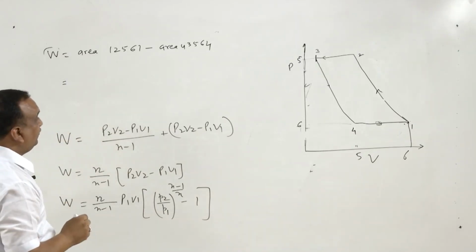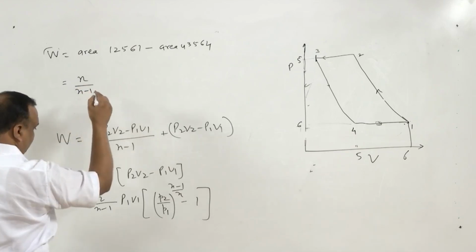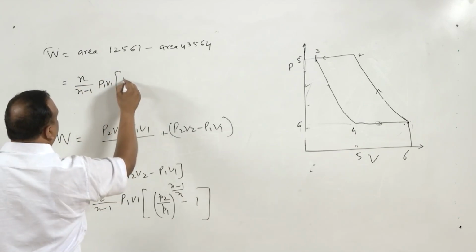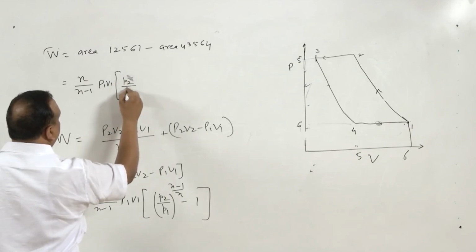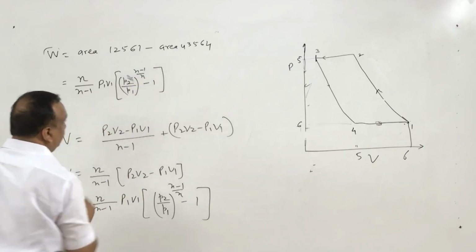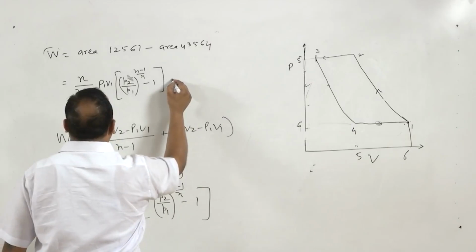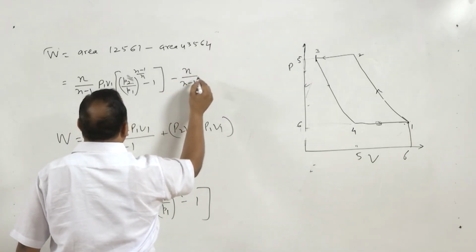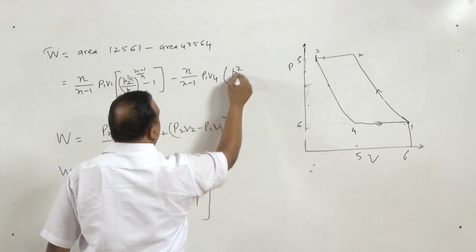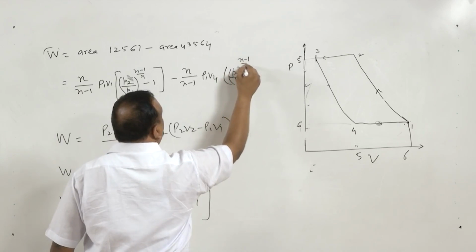Area 12561 we have already derived. In a similar fashion we can find the area for this as n upon n minus 1 P1 V4 ((P2 by P1) raised to power (n minus 1) upon n, minus 1) upon n minus 1.